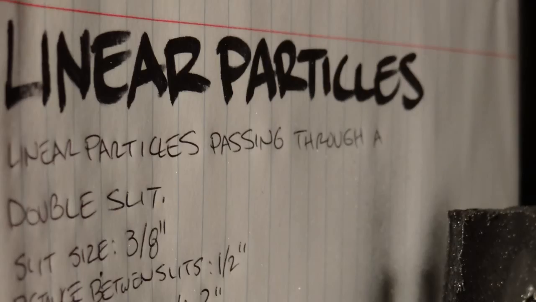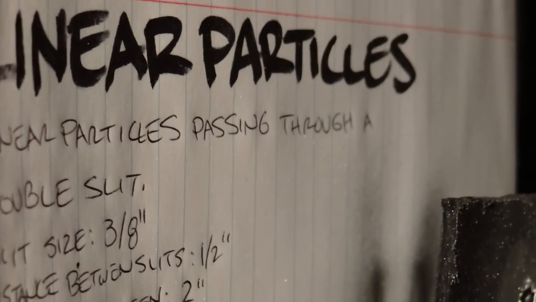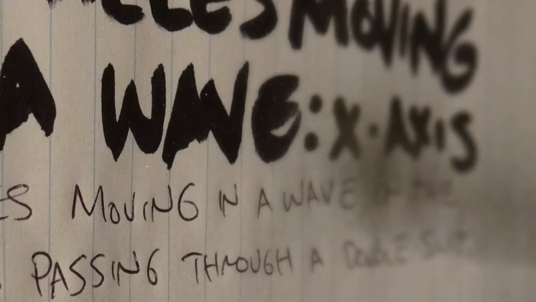What we find is that when the particle source is still, it results in a pattern on the other side of the slits that very much resembles the shape of the slits. When the source of particles is moving on the x-axis, left to right, a wave on the x-axis is created over time, which results in a slightly wider pattern on the screen behind.